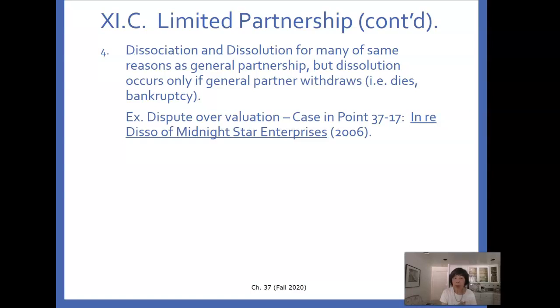If it's a limited partner, there's less effect than if it's a general partner. If the general partner wants to leave, the partnership can continue as long as there's another general partner. So always pay attention to which partner wants to leave, and what effect, if any, their departure will have on the business of the limited partnership.